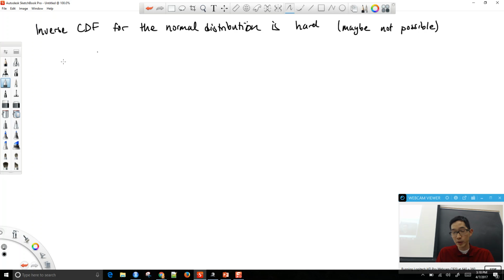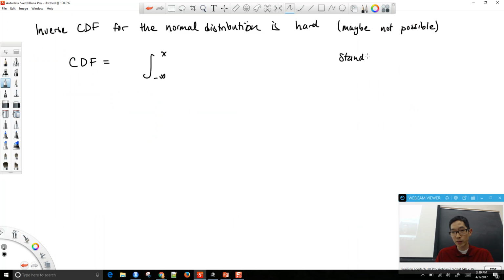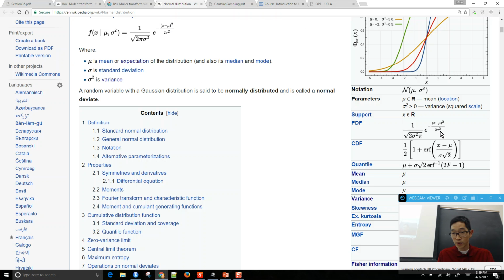Inverse CDF method, because if we think about it, the CDF is going to be the integral from -infinity to x of, let's do the standard normal, because then the standard normal will be 1 over the square root of 2 pi, e to the negative x squared over 2.